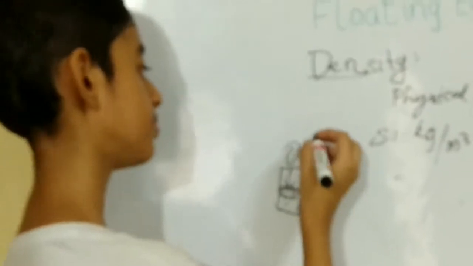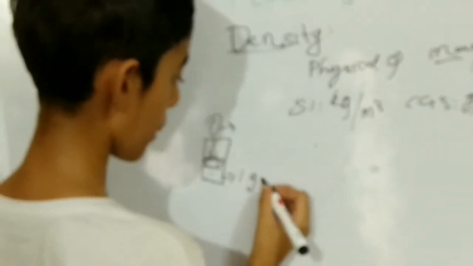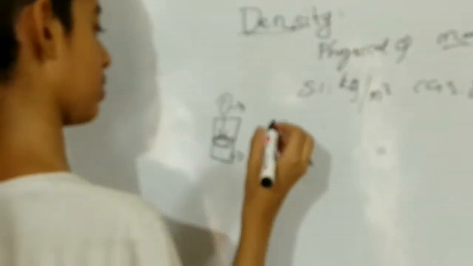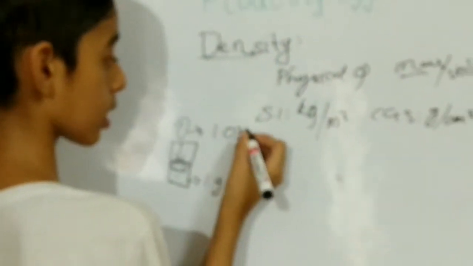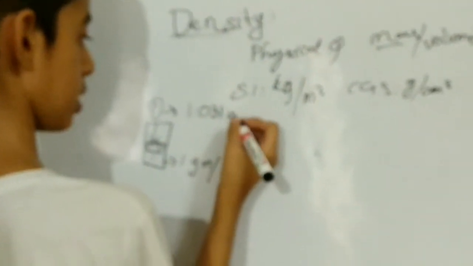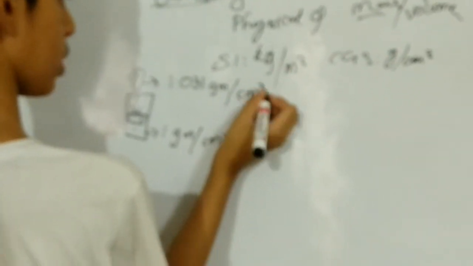Now the density of water is 1 gram per centimeter cube, and the density of the egg is 1.031 gram per centimeter cube. So I think you can find the difference.